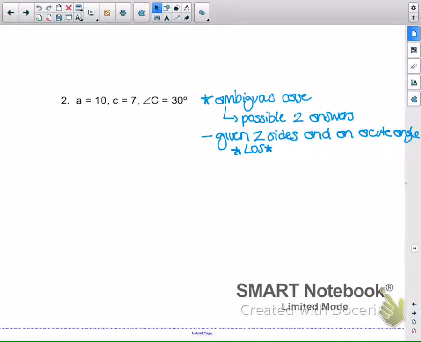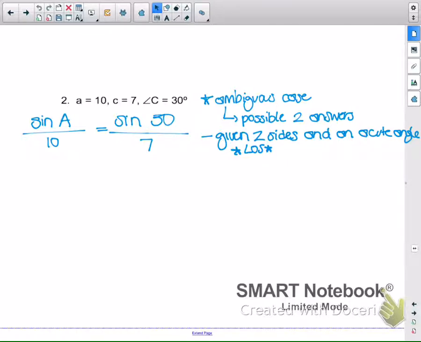Let's just set up for the first thing here, because you set up just like normal. What angle can we find using law of sines here? Angle A. So we're going to set up sine of angle A over side A equals sine of angle C over side C. I'm going to cross multiply just like I did in the last problem.